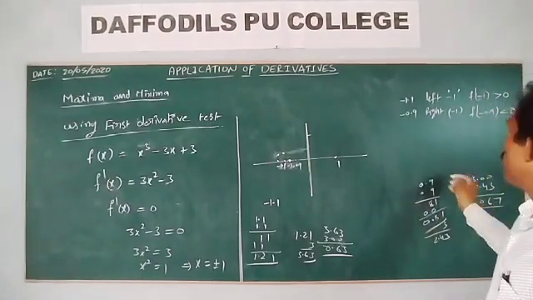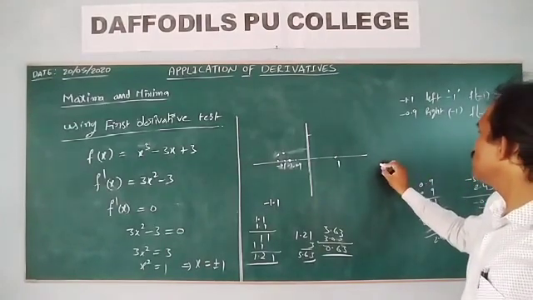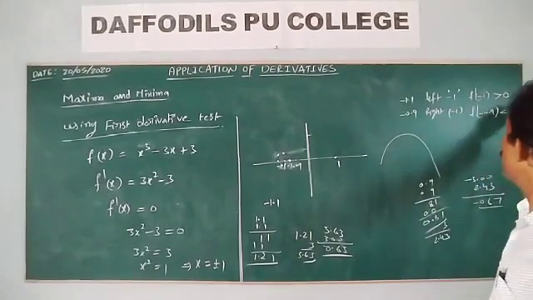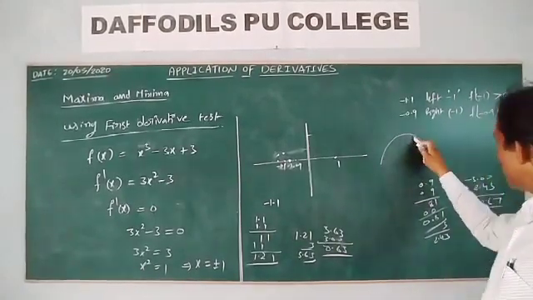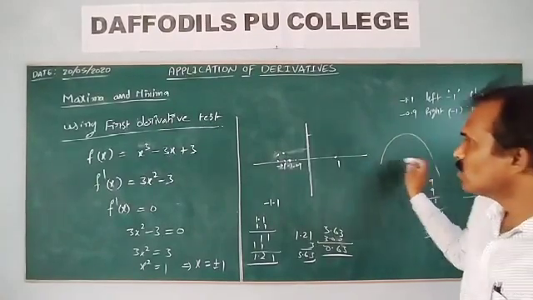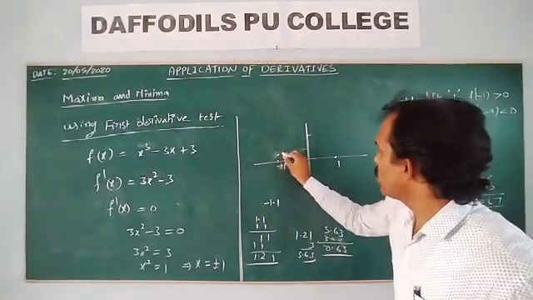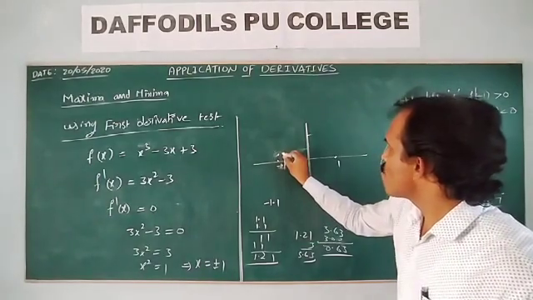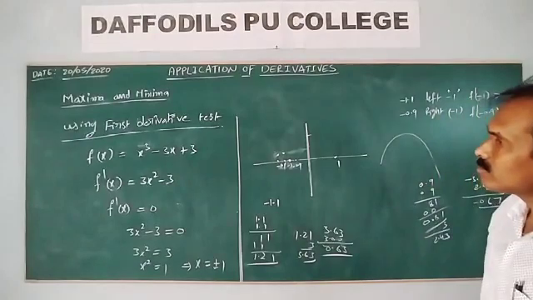You get answer positive to negative. So this is positive to negative value. So positive to increasing, then decreasing, increasing, then decreasing.